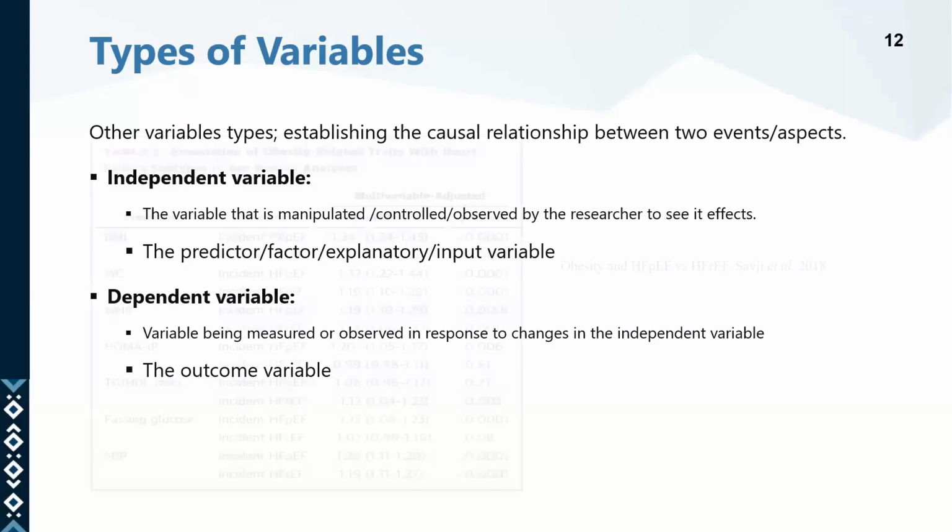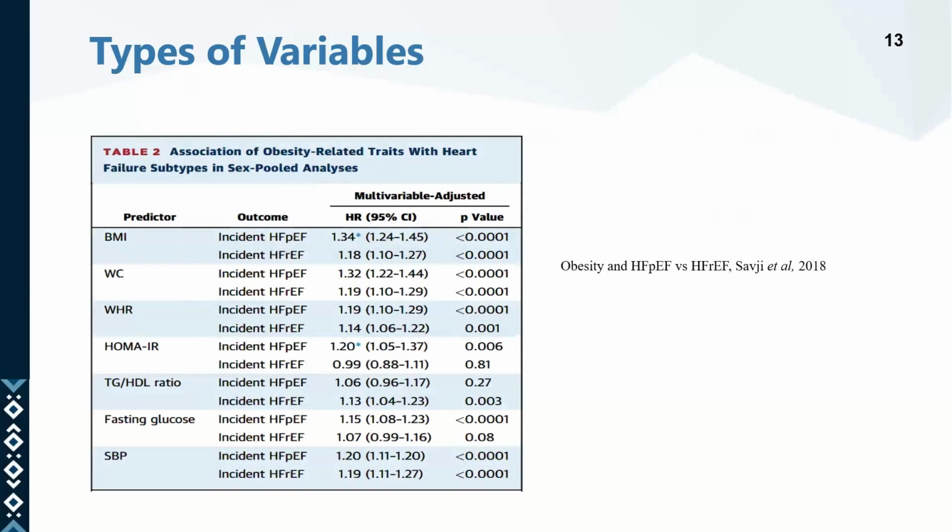So a quick example here is just on this table that I extracted from a study, which was trying to evaluate the impact of obesity on the incidence of heart failure with preserved ejection fraction versus reduced ejection fraction.